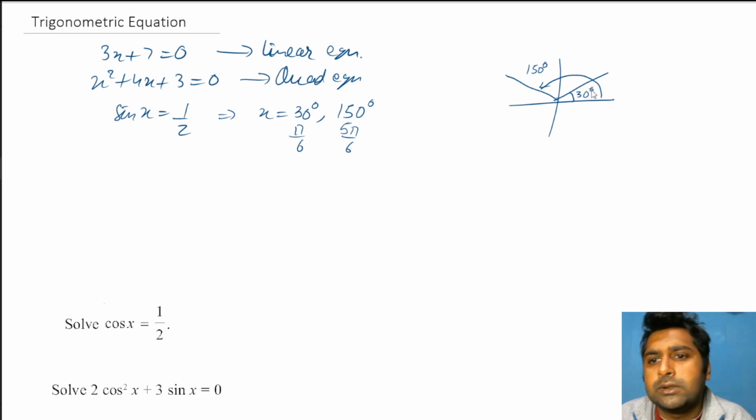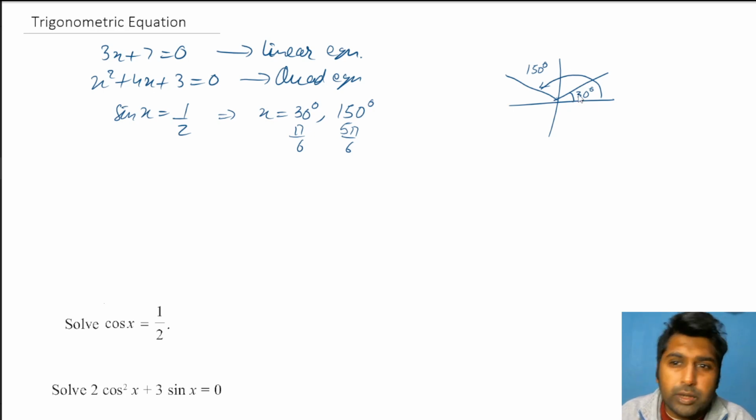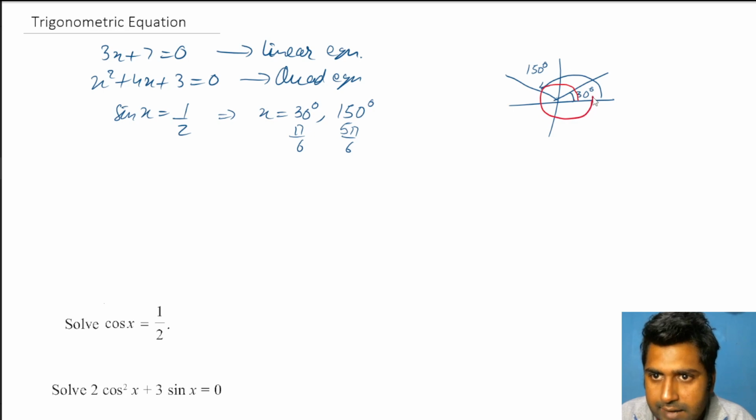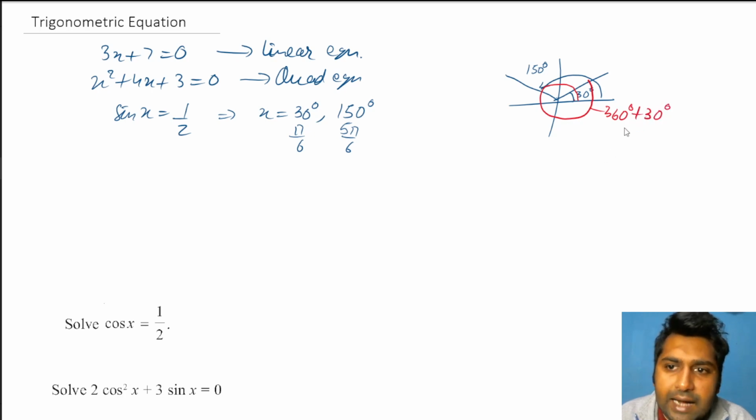But we know that there is no effect of rotation. That means even if we complete a whole circle and then come back to this 30 degree, that will actually be 360 degree plus 30. So for that angle, that means for 390 degree also, sine will be 1 by 2. What about two rotations then?